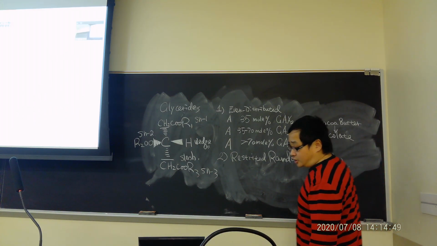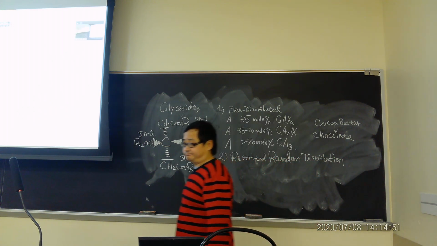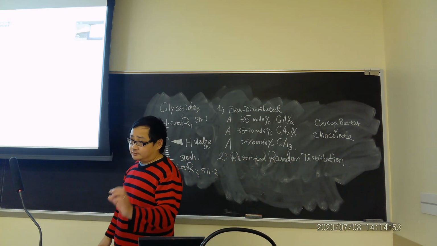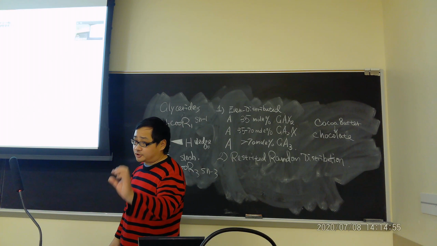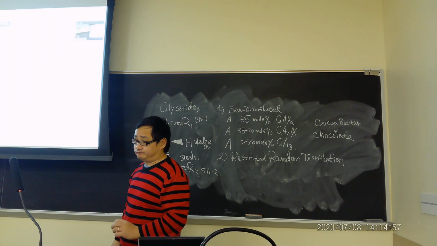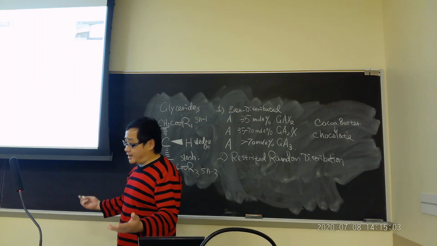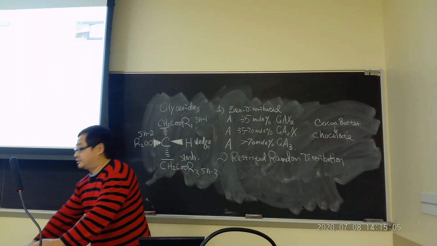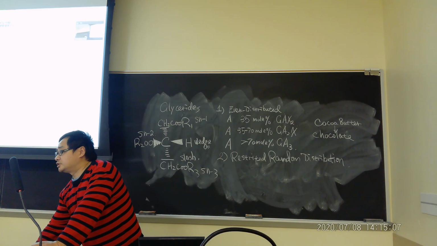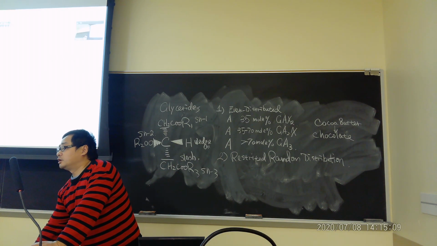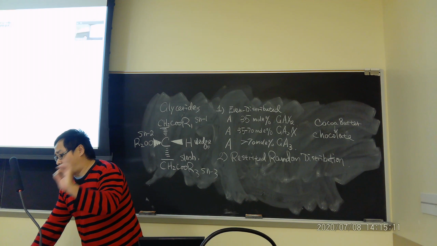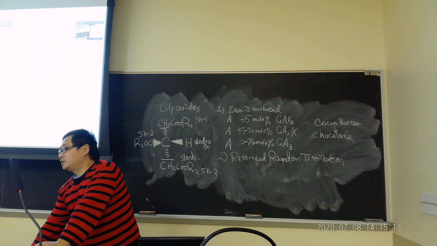Do you ever think chocolate is a magic stuff? Why? At room temperature, it is solid. When you put it in the mouth, it melts. Why? Because the SN2 position is highly occupied by oleic acid and linolenic acid.